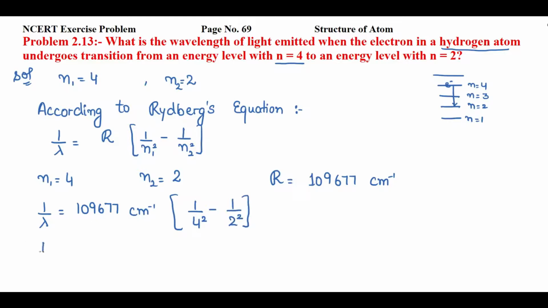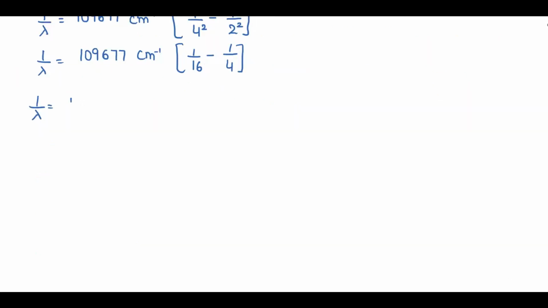So 1 by lambda equal to 109,677. 4 square will be 16, so 1 by 16, minus 2 square will be 4, so 1 by 4. So we'll take the LCM and solve this. I know that 16 comes in the table of 4, so definitely the LCM will be 16. 1 by lambda equal to 109,677 centimeter inverse.